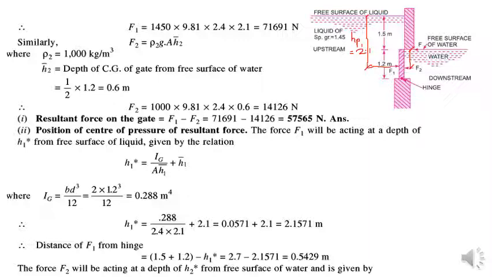Now if we talk about the distance of this center of pressure from the hinge, it will be equal to this distance. This can be calculated by taking the whole distance, 1.5 plus 1.2, which takes you to the hinge, and subtracting the HP1, the distance from the surface of the upstream water to the point of application of the first hydrostatic force F1.